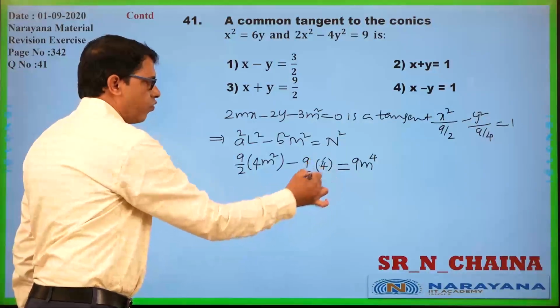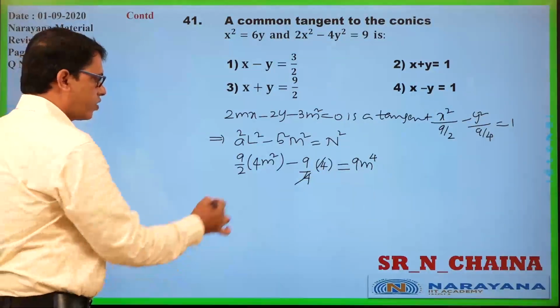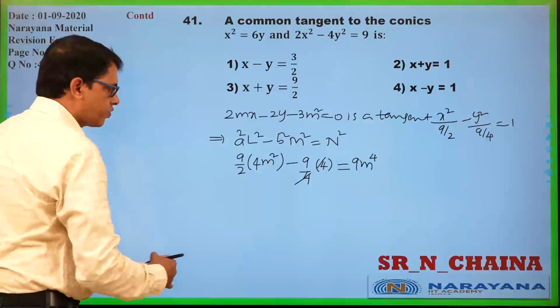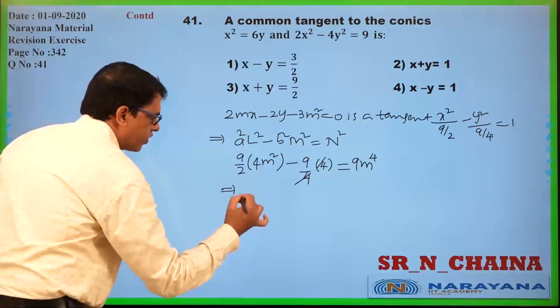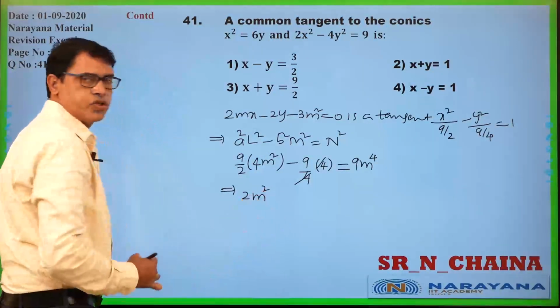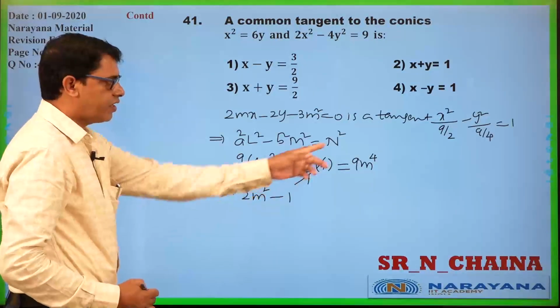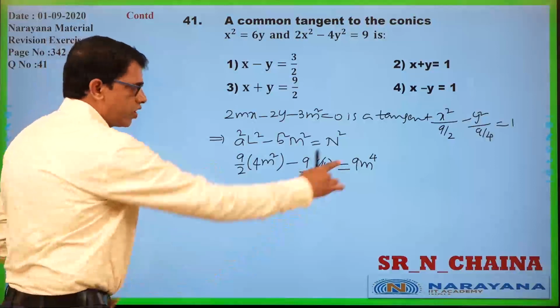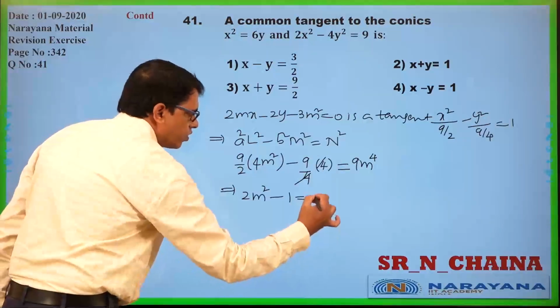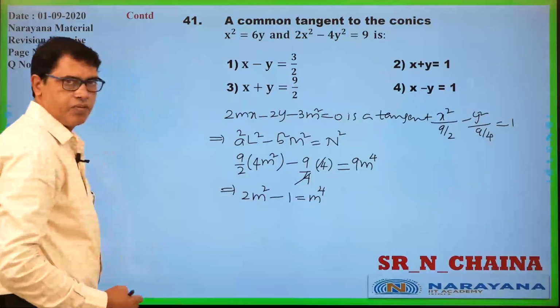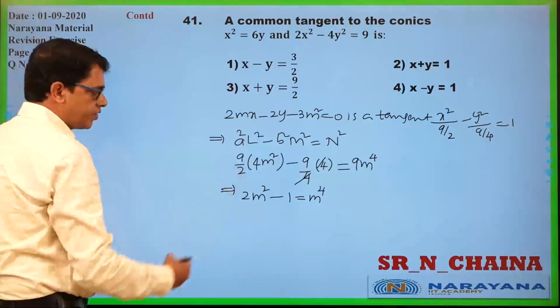Here 4 gets cancelled. We are left with 2m square minus 1. Here I have taken 9, 9 gets cancelled out. So equal to m to the power 4. So take the other side.